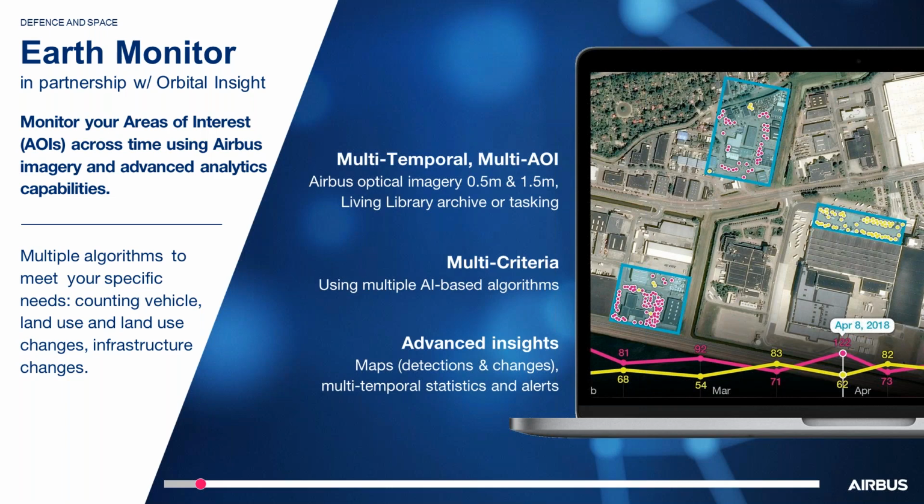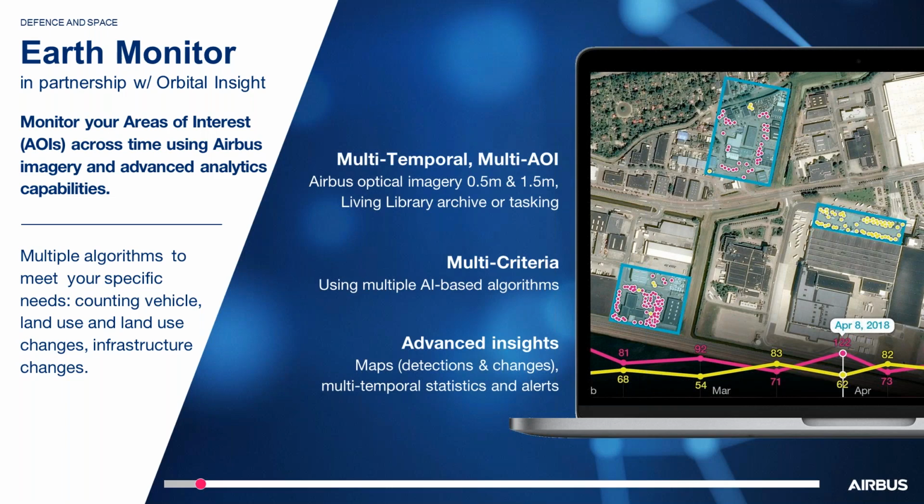And the principle is really this one. You can parameter several areas, and the system is able to detect and count automatically the number of vehicles inside each area, and to add each number to provide a statistic. And of course, we also have a system of alerts.